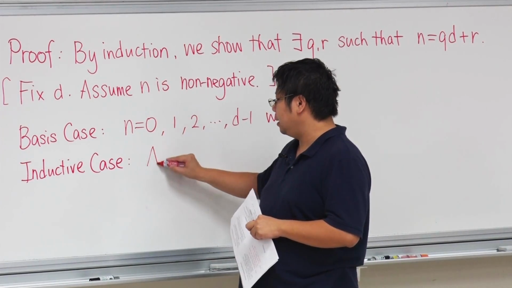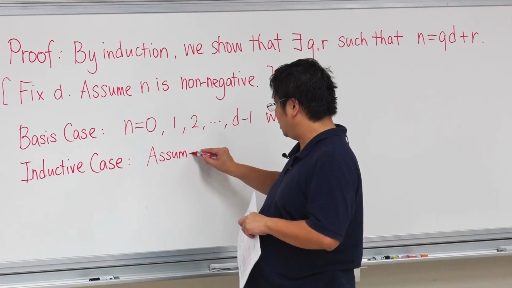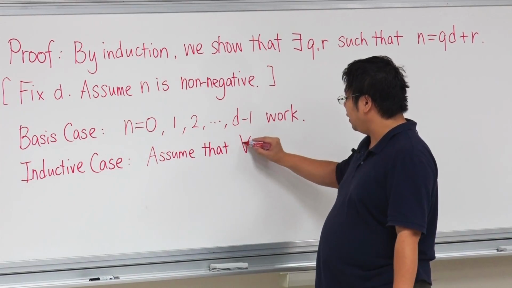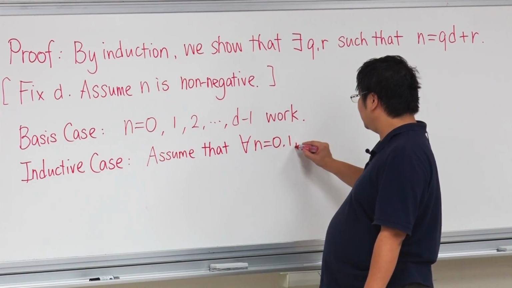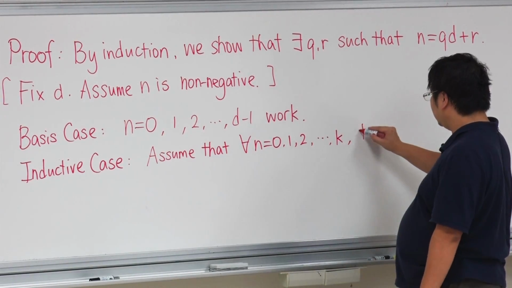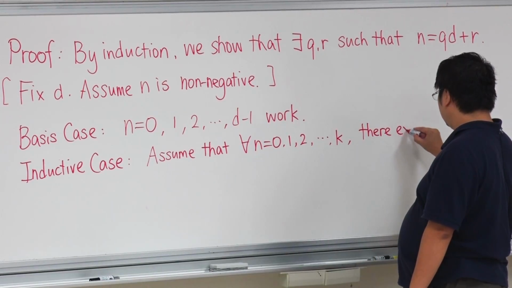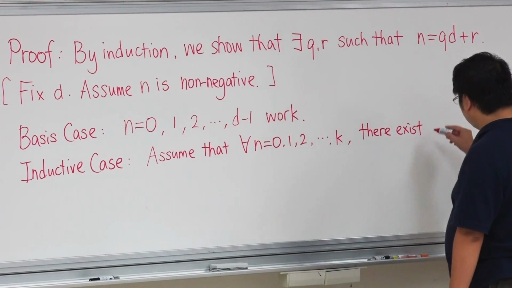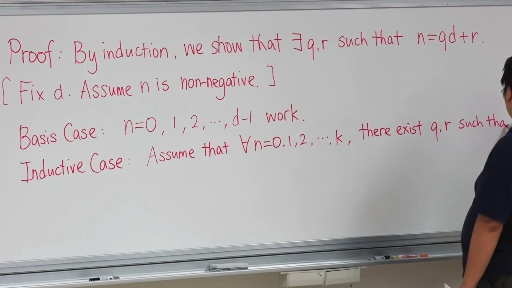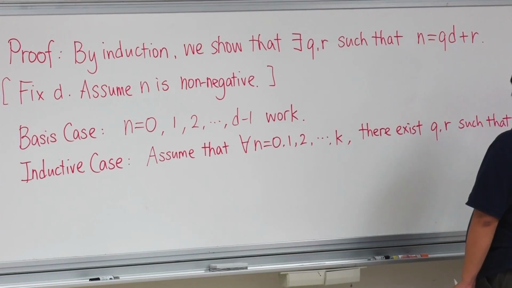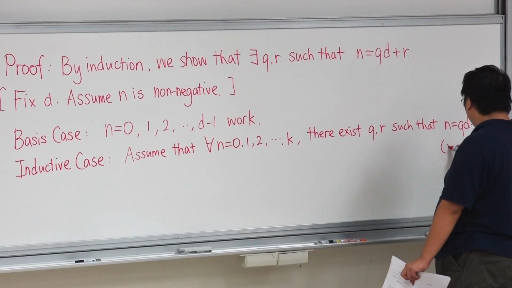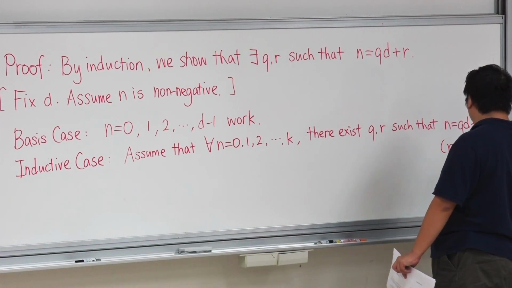So assume that for every n equal to 0, 1, 2, up to k, there exist Q, R such that n is equal to Qd plus R. Is that okay? Now, of course, here R is between 0 and d minus 1.